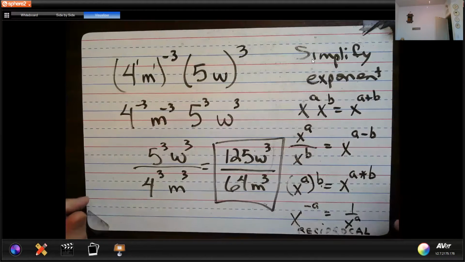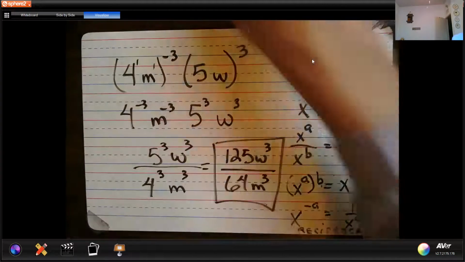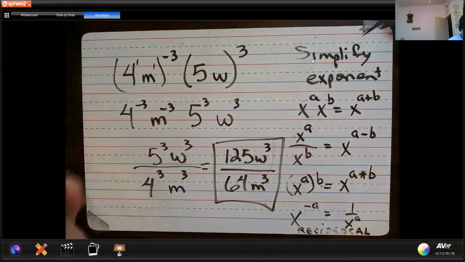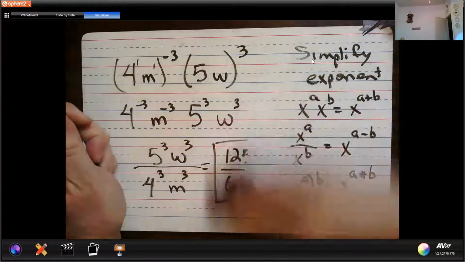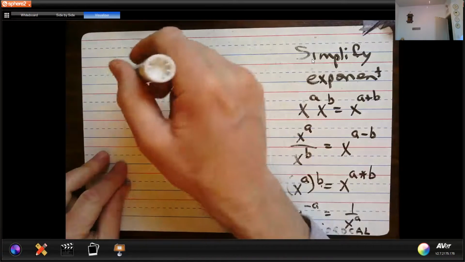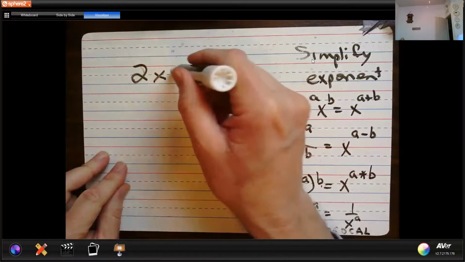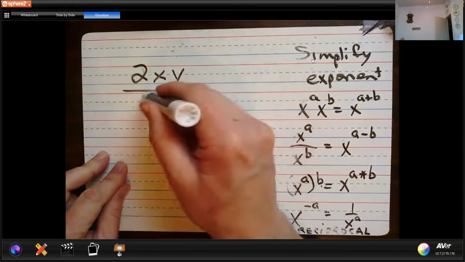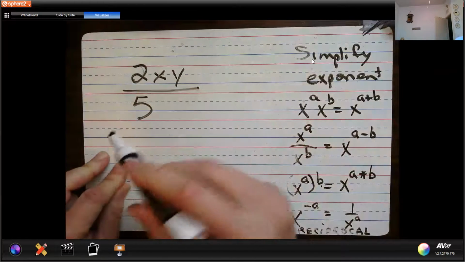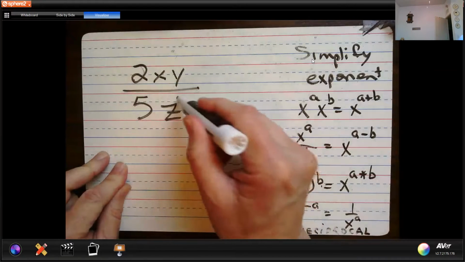Okay, let's do one more. And then maybe we can stop. Here we go. 2xy divided by 5z squared.